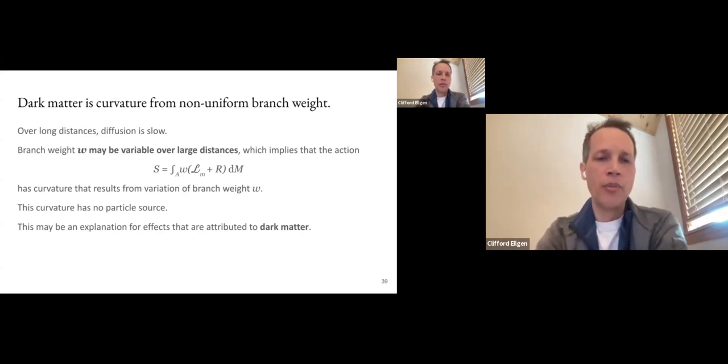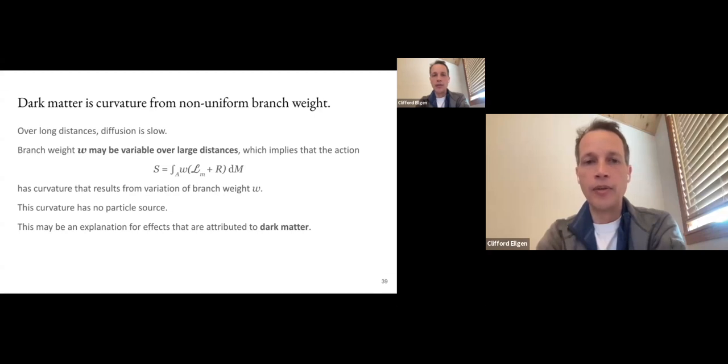Because this branch weight W may be variable, may change over these large distances, this action W times L sub m plus R will not necessarily be a perfect approximation of the Einstein-Hilbert action over these large distances.